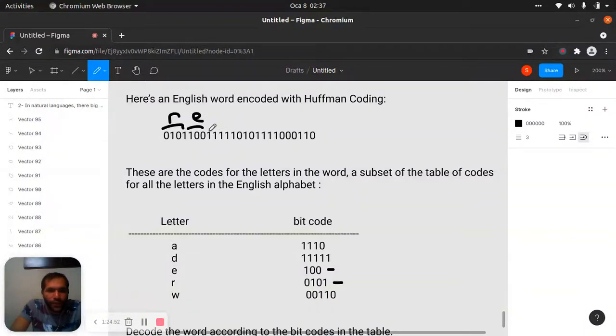And then we have 11111, which is, I think, D. Let's say this one we can represent with D. And then we have 0101 again. 0101 is again R, which is recurring less than D and less than W, I mean.